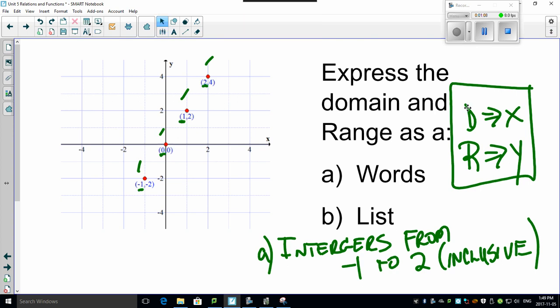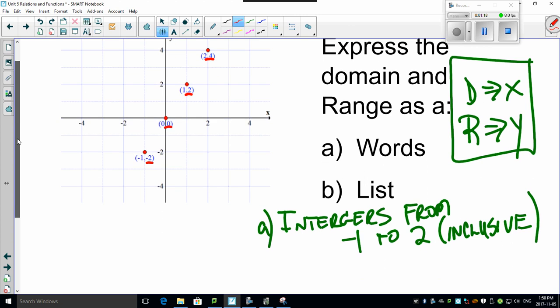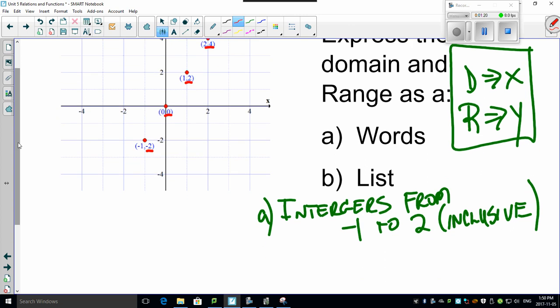Now, let's look at the range now and use words. The range would be -2, 0, 2, and looks like 4. All right? So to do this, you would say, okay, the range is, and oh, I forgot to put domain down for this one, so let's put down domain here. Okay, so the range is, if you think about it, all the integers, right?